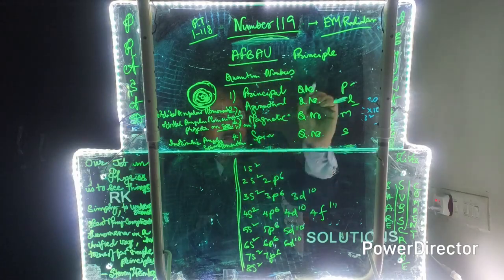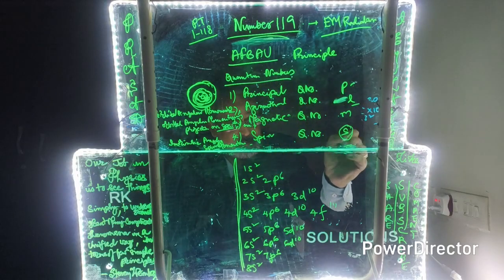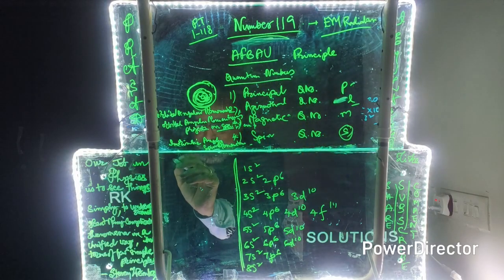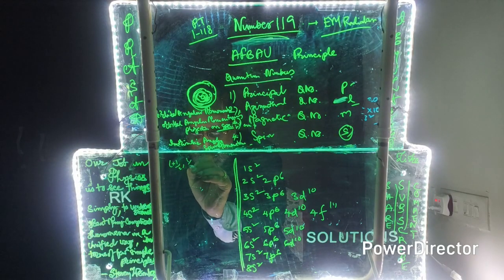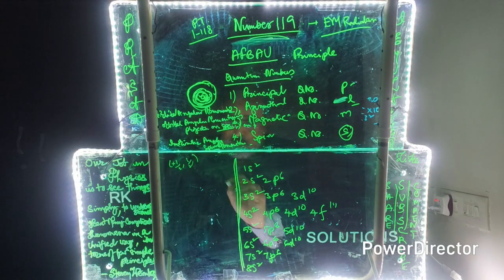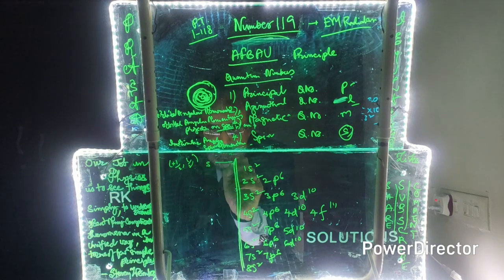So this s spin can have values of plus half, minus half. So s will have only two. If this is up, this will be down.